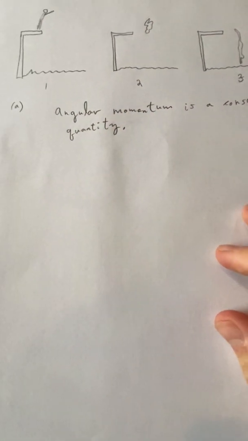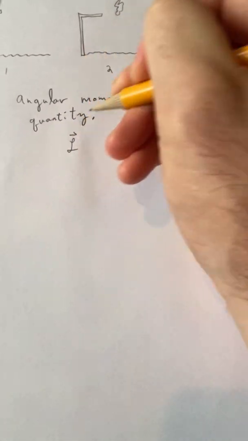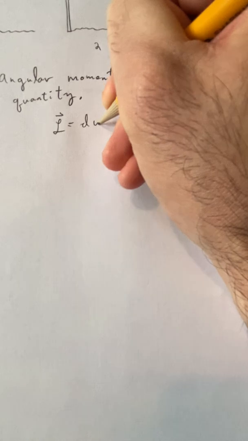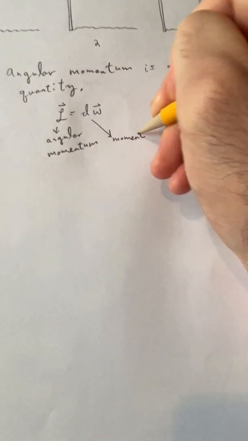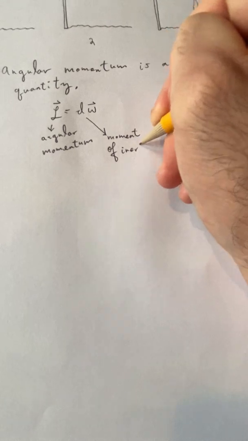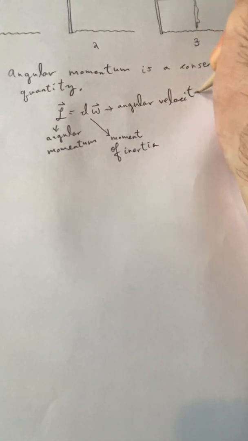Then you want to talk about the actual formula for angular momentum. Angular momentum is represented as L, and that equals I times omega. L is angular momentum, I is what's called the moment of inertia, and omega is the angular velocity.